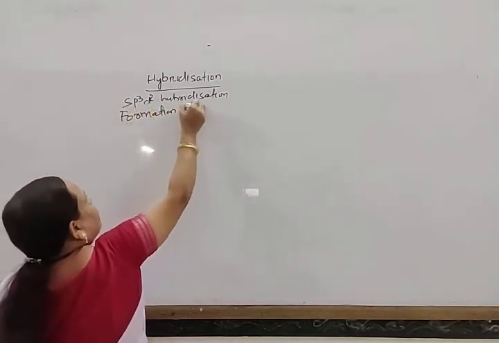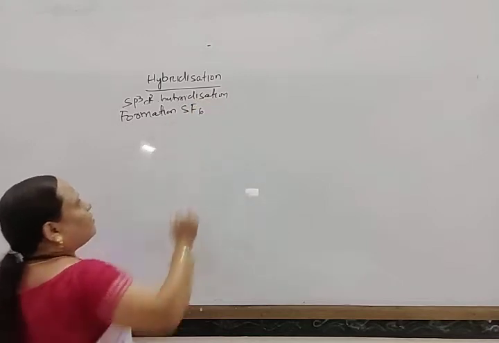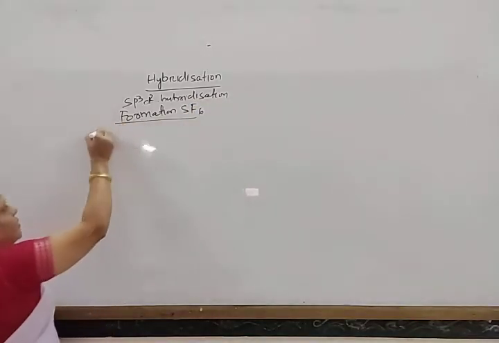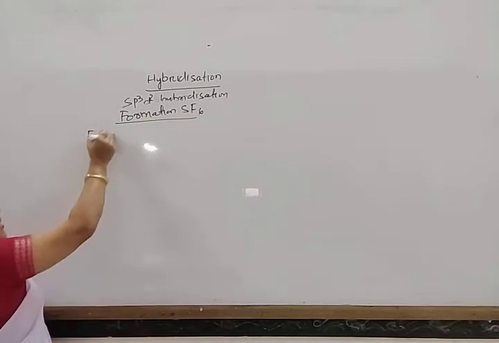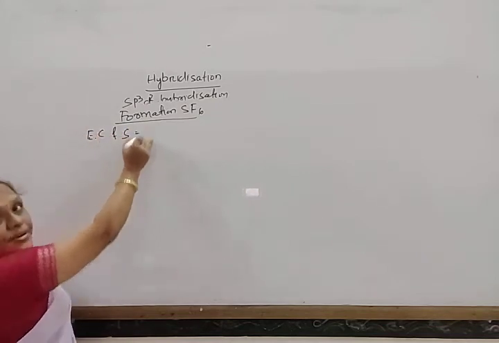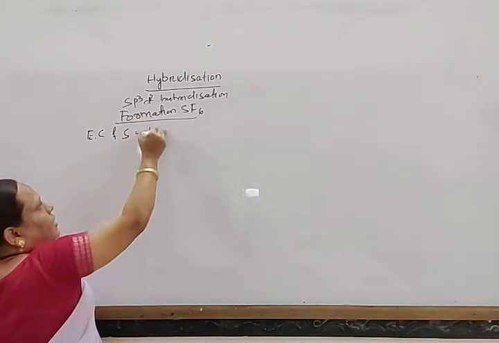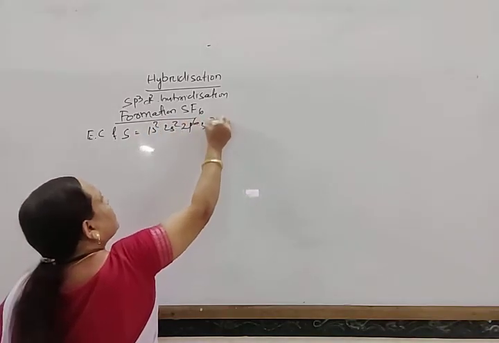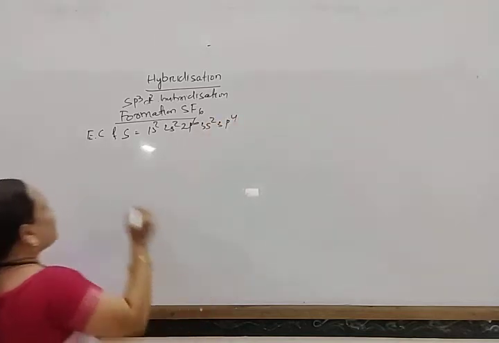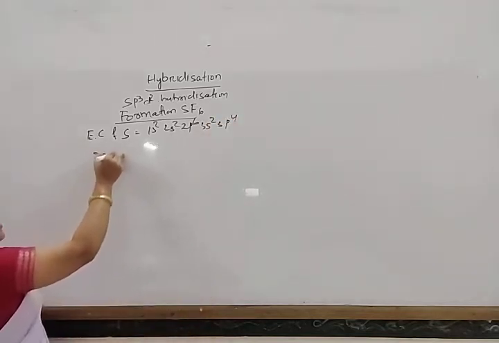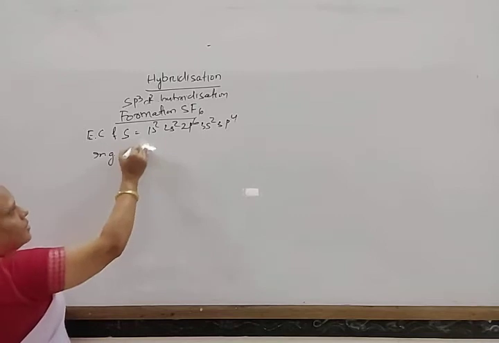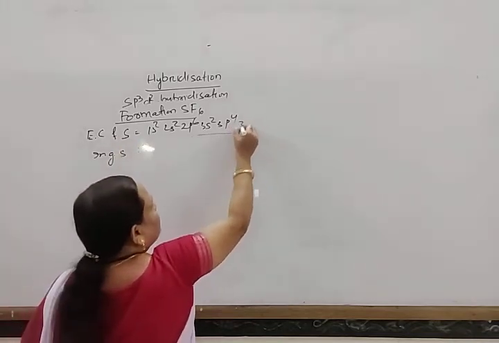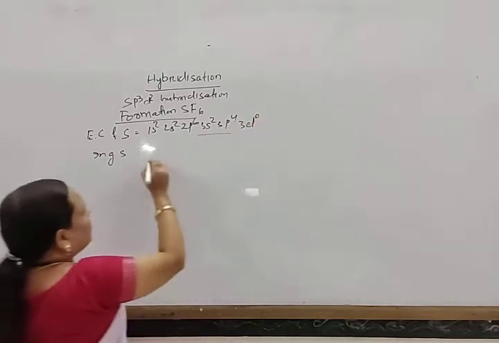Formation of sulfur hexafluoride. Sulfur has the electronic configuration 1s2, 2s2, 2p6, 3s2 and 3p4. In the ground state, I am writing just the valence shell. 3d is there, but it is vacant.